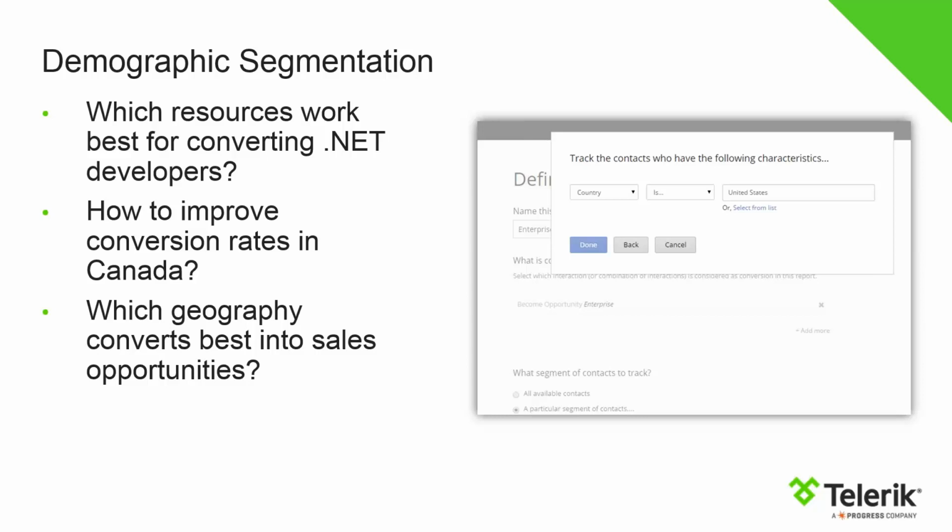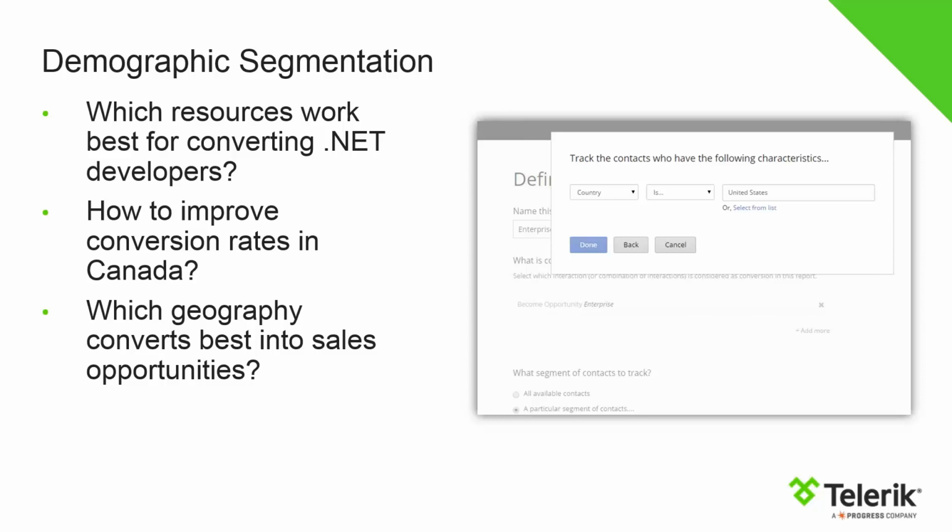So what we've added is not only the ability to take a look at all this information, but also segment it more intelligently. We've enabled the system to do demographic segmentation. And what that means is you could say, this is great that all these people are surfing my website and getting emails, but I'm only interested in the people in California.